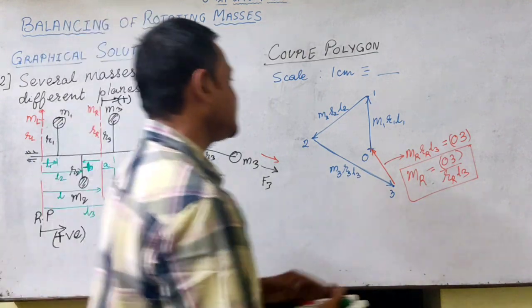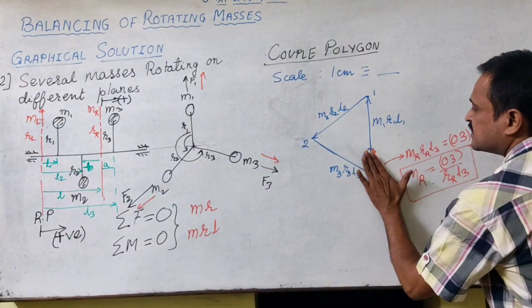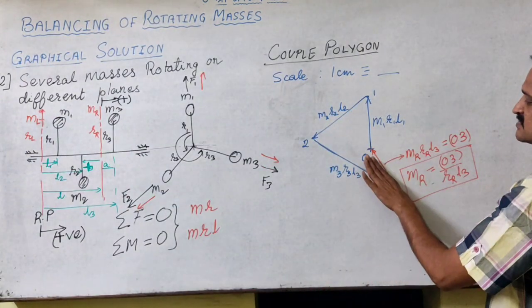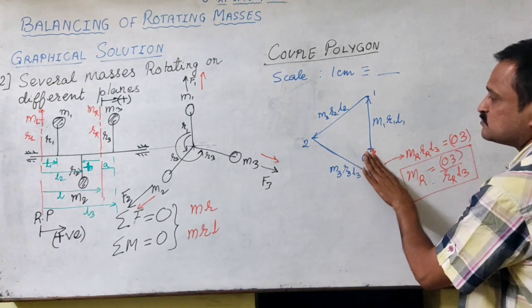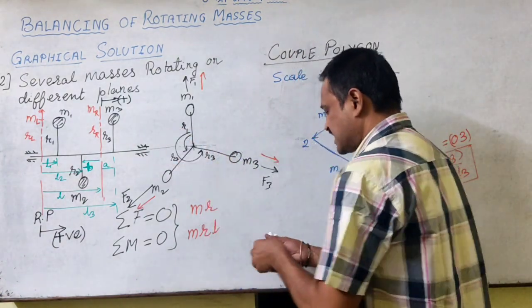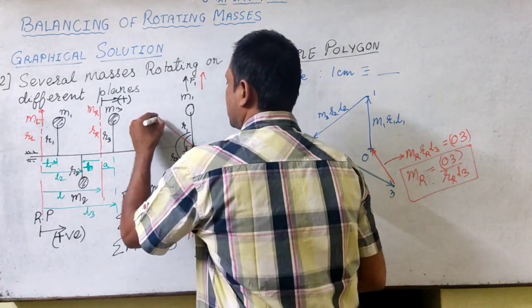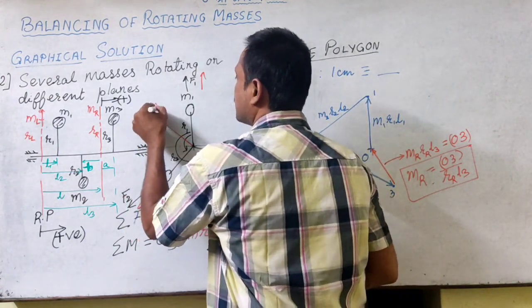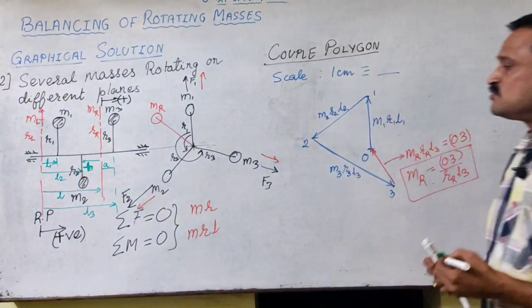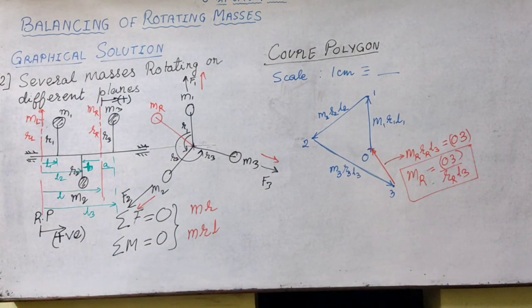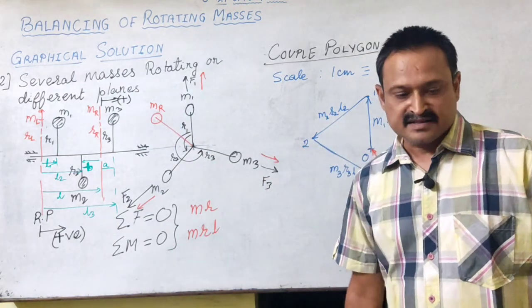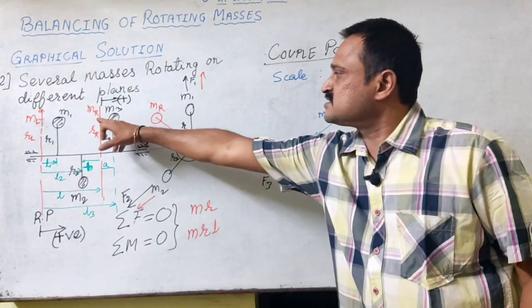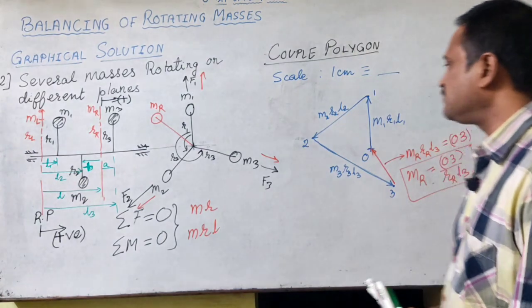So I have determined this value, so I can draw this mass parallel to this vector on the phase diagram. So here I get the phase of MR. Now once this couple vector is done, we have determined one of the balancing masses which is to be placed at the right plane.